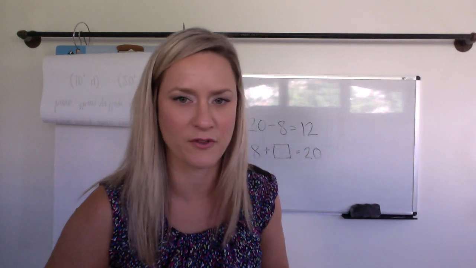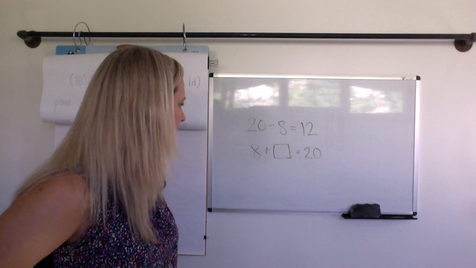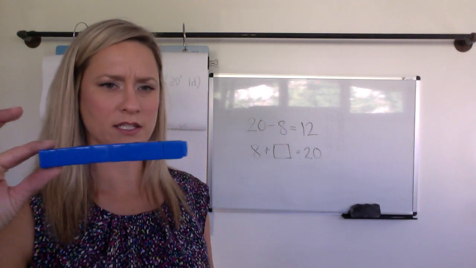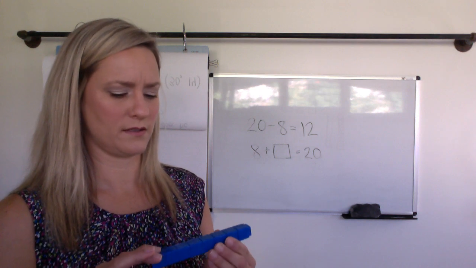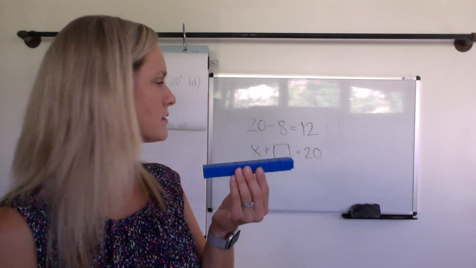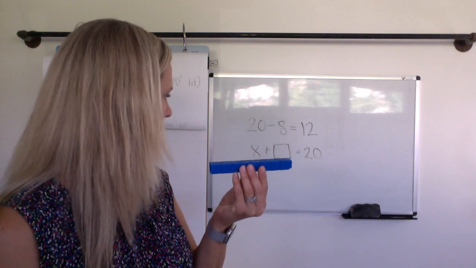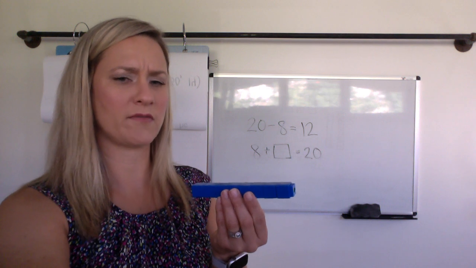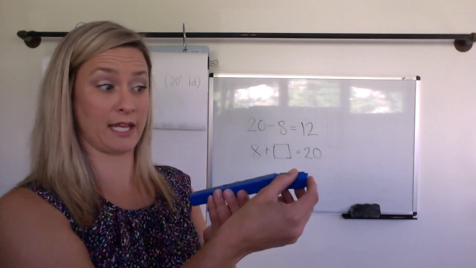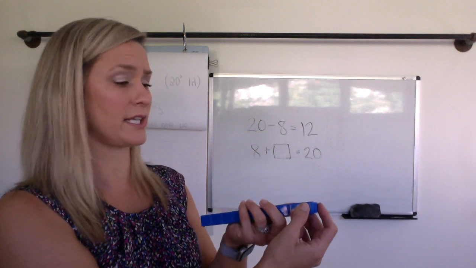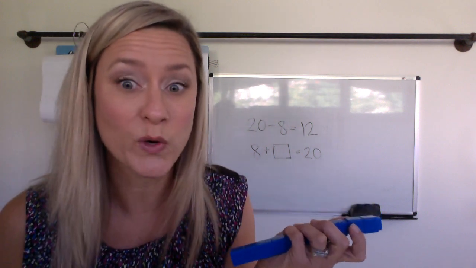Gotta close up my 0 there. 8 plus what makes 20? So if we start with 8, how much would we have to add to get to 20? What do you think there? We'd have to add 2 more to get to 10, right? So we'd have to add 2 more to get to 10, but we're not trying to get to 10, we're trying to get to 20.